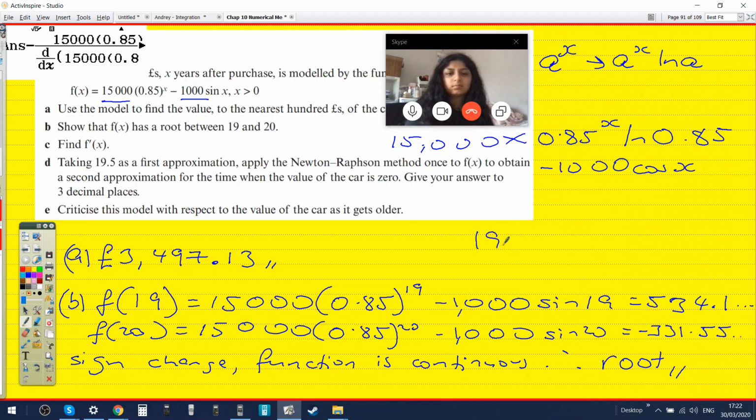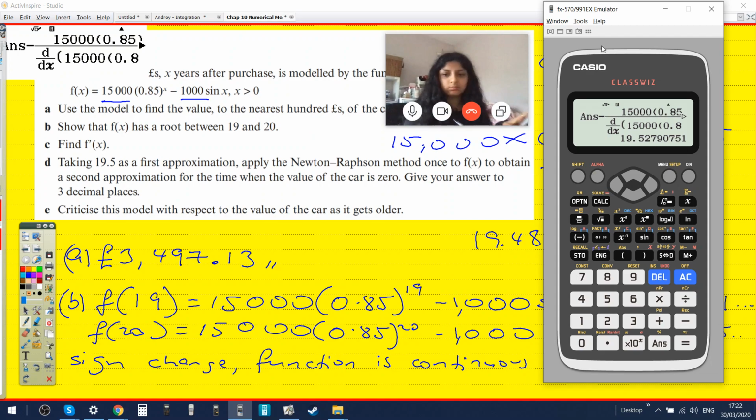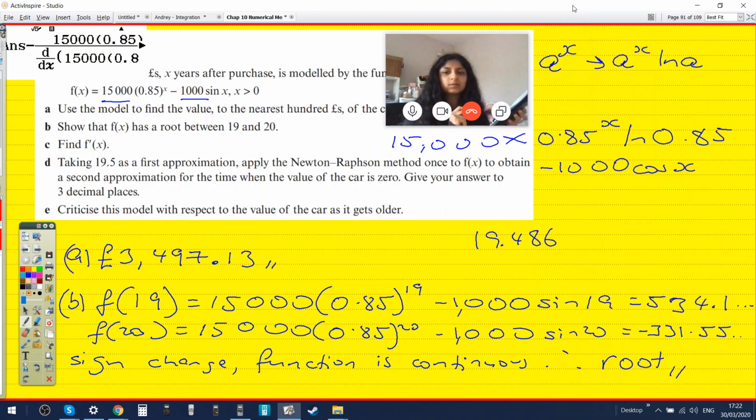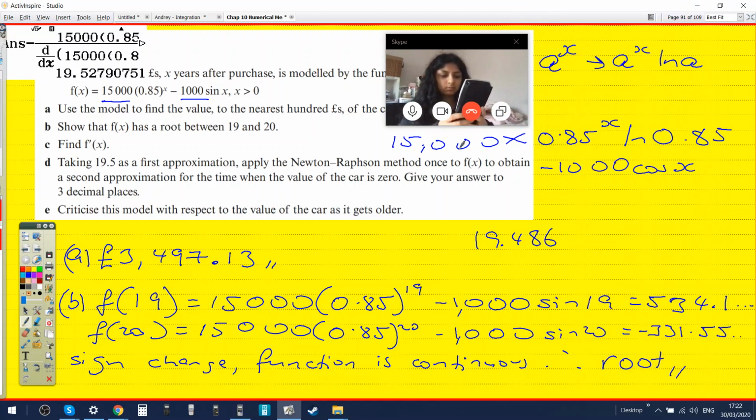Maybe I'm wrong. 19.486. Method 1, substitute in for the second approximation. 19.528. Did you just put something in wrong somewhere? Maybe. So 15,000 times 0.8 to the power of, and was your first approximation like 19.5? Is that what you're subbing in? Oh, I put 19. Maybe that's why. I think you've got the idea.